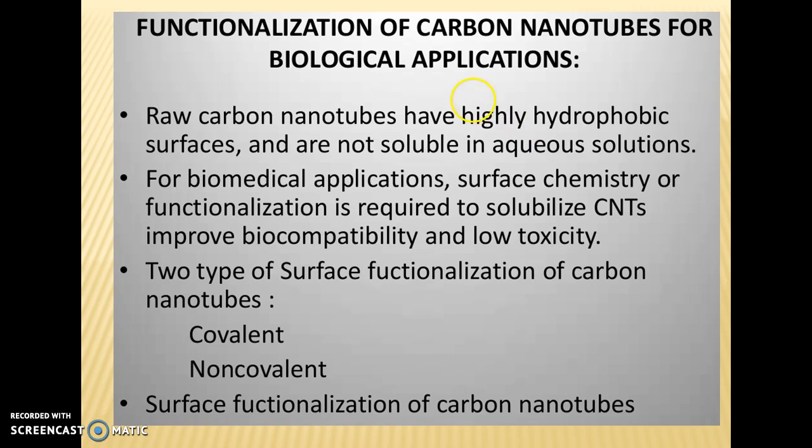Raw carbon materials have highly hydrophobic surfaces, meaning carbon nanotubes are hydrophobic and not soluble in aqueous solution. So for biomedical application, surface chemistry of functionalization is required to solubilize carbon nanotubes, improve biocompatibility and lower toxicity.